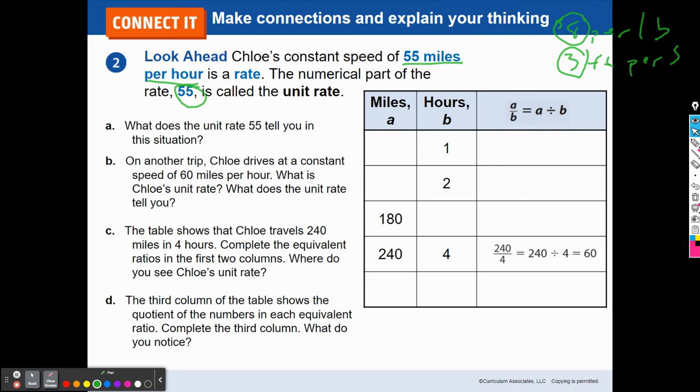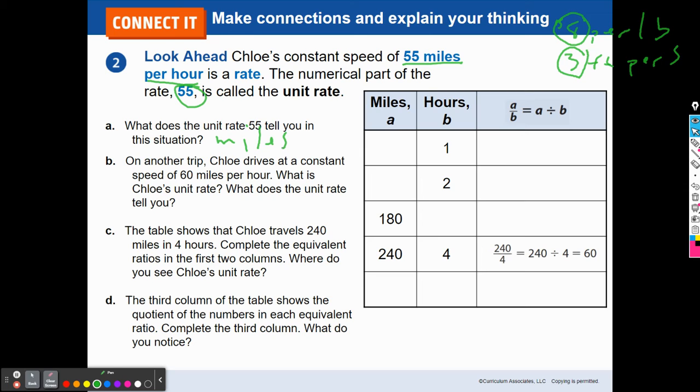So A says, what does the unit rate 55 tell you in this situation? What information is the 55 giving you? Well, it tells you how many miles, or the distance, right? B, on another trip, Chloe drives at a constant speed of 60 miles per hour.